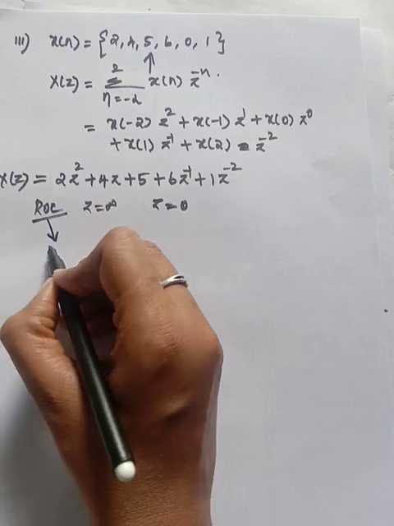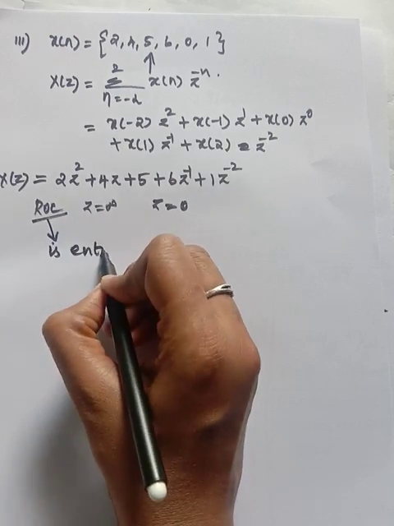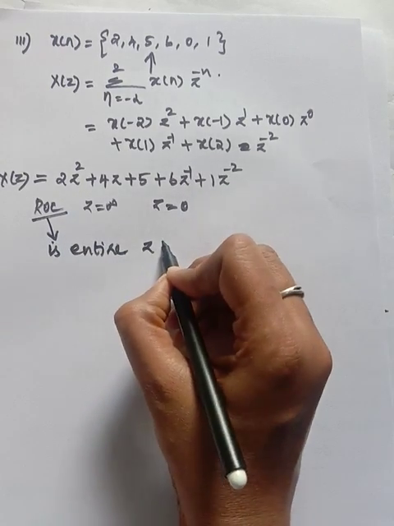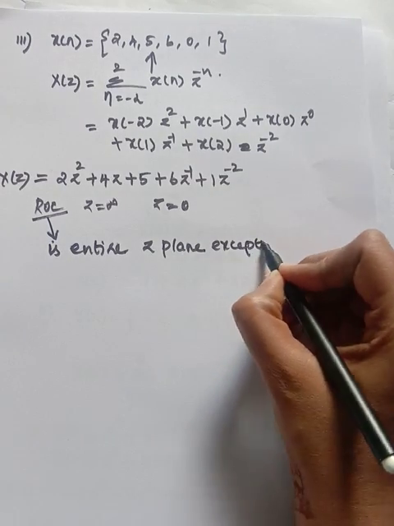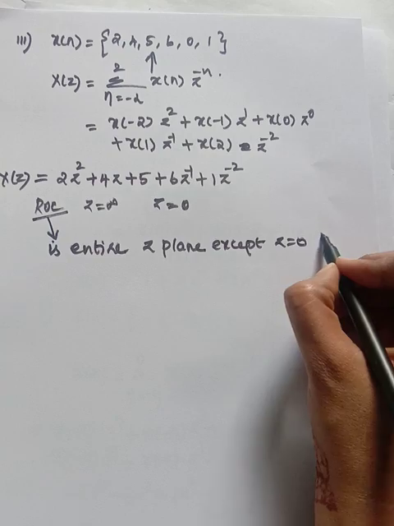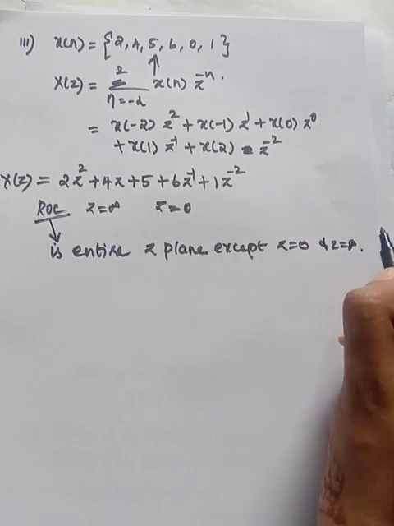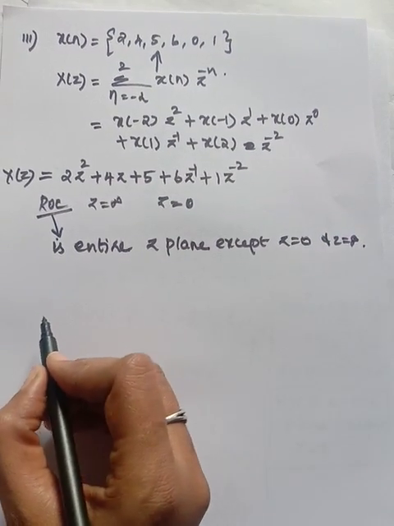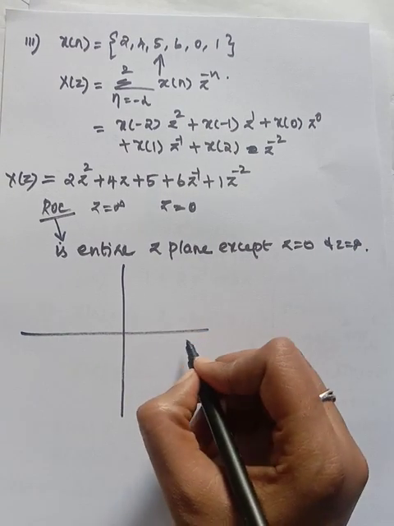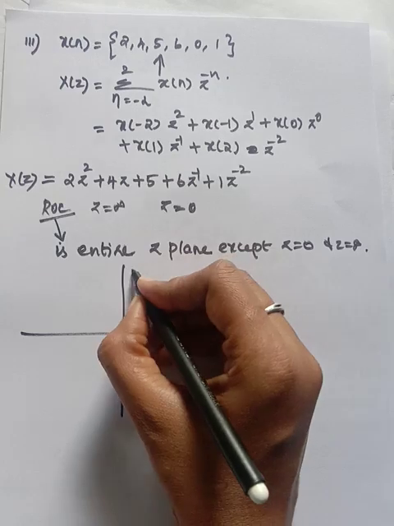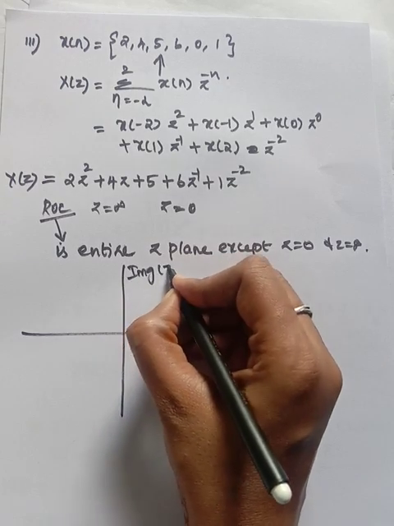So here the region of convergence is the entire z plane except z equal to 0 and z equal to infinity. If you want to draw this region of convergence, how do you draw it? This is the real part of z and this is the imaginary part of z.